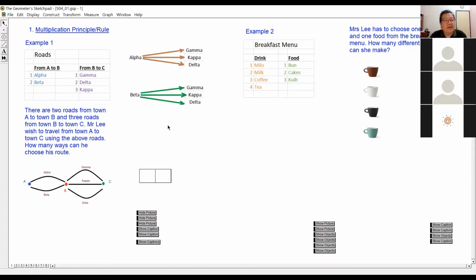Similarly, if you choose road beta, you can also choose one of the three roads: gamma, kappa, or delta. Now, the first road, you have how many choices? You have two choices, right? Alpha or beta.